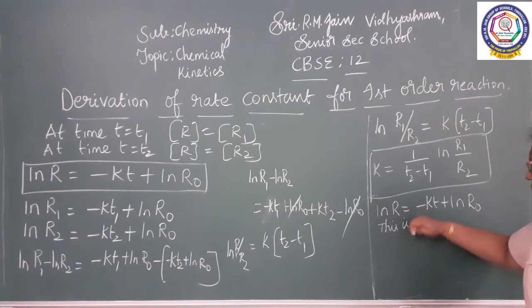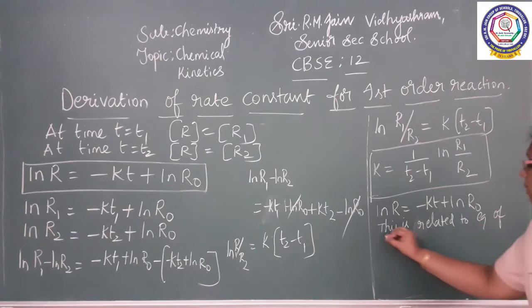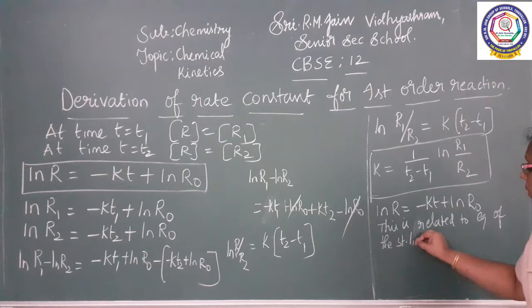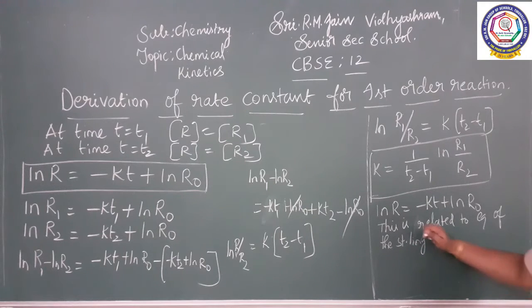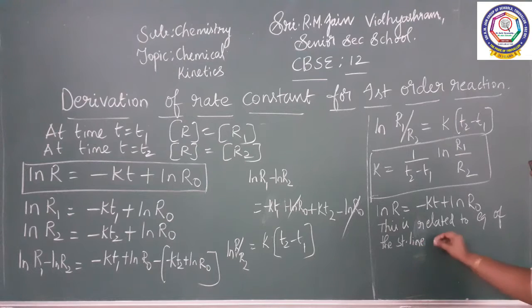This is related to the equation of the straight line. What is the equation of the straight line? Y is equal to mx plus c. So, this is related to the straight line equation y is equal to mx plus c.